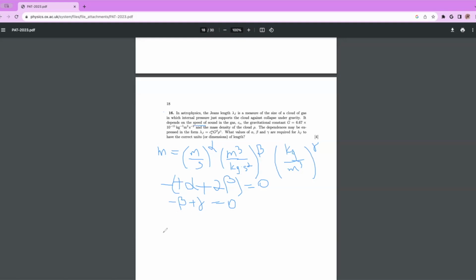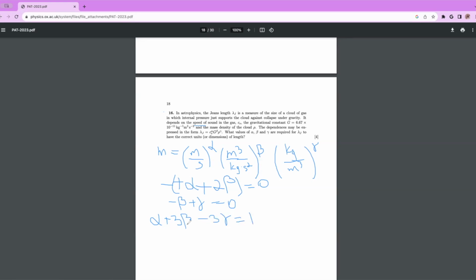And now for the meters. So we have alpha, because there's 1, plus 3 beta, and then -3 gamma equals 1. And we want to find the values of these things.